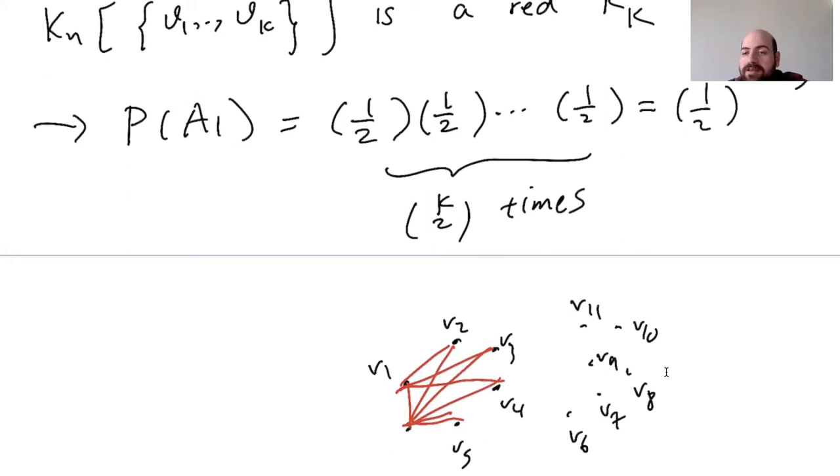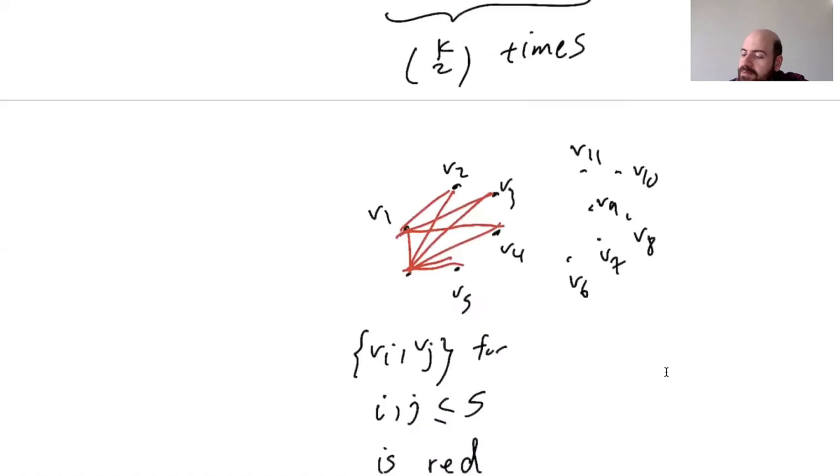Remember the induced subgraph is a graph with K vertices, so I don't need to consider the rest, I'm just dealing with the left part. Even if you include the right part as well, you still get the same result, because we don't care about the rest of the edges.